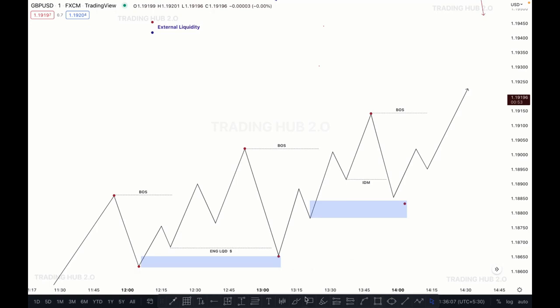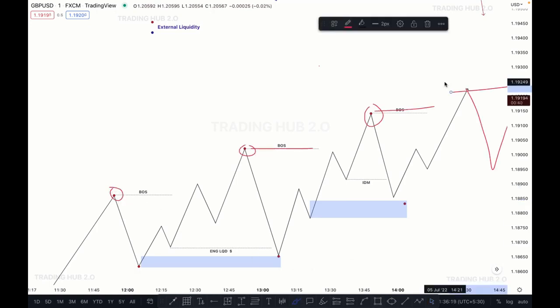So these are all called external liquidity. Every major high or low acts like external liquidity, because once the market takes external liquidity, it takes a pullback, then goes on to continue upside, taking the minor, you can say internal liquidity, right?